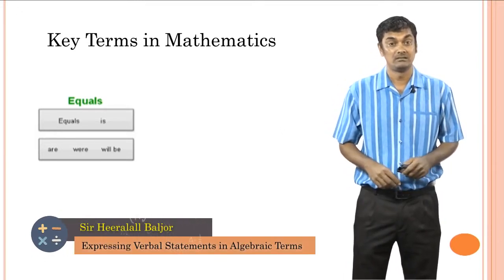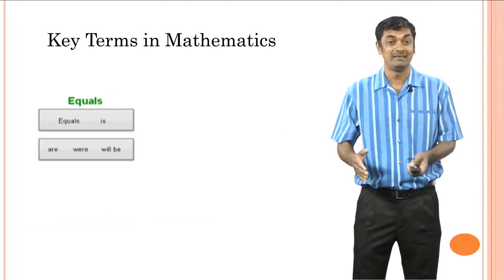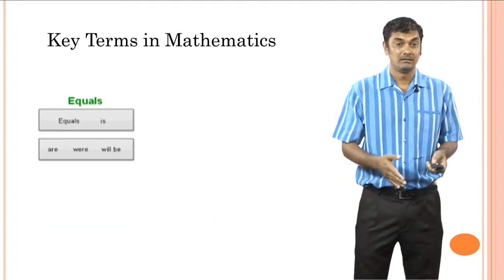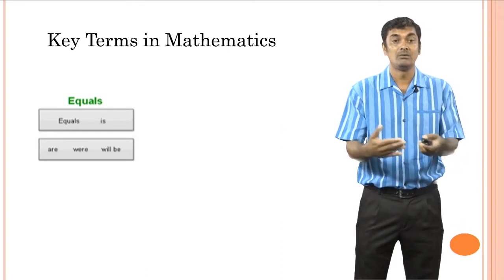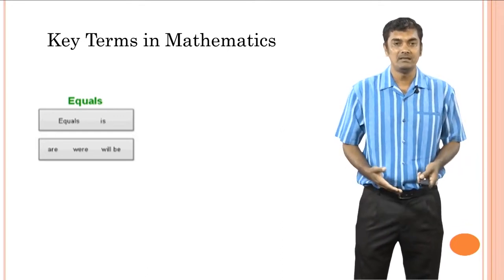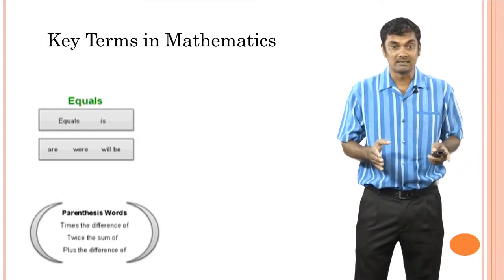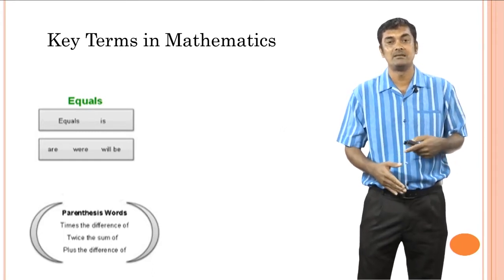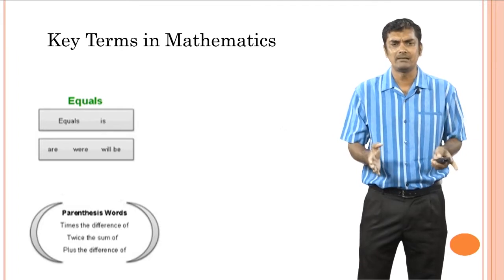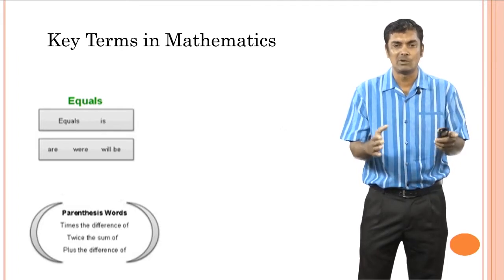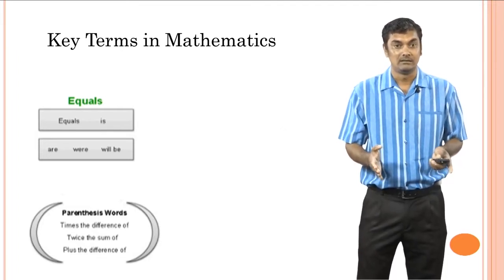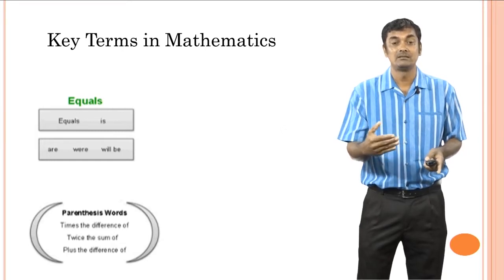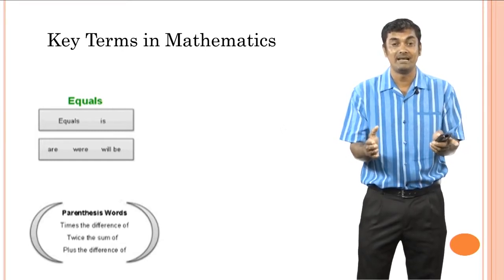It means equal, it is, they are, they were, they will be. The parenthesis tells us of the difference of, twice the sum, plus the difference of. So this bracket form here is telling us of a grouping. Additionally, it could relate to the grouping of that value in the parentheses.